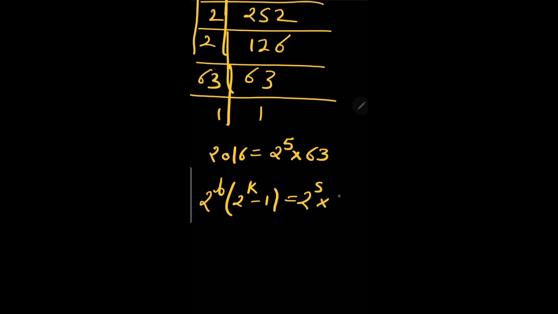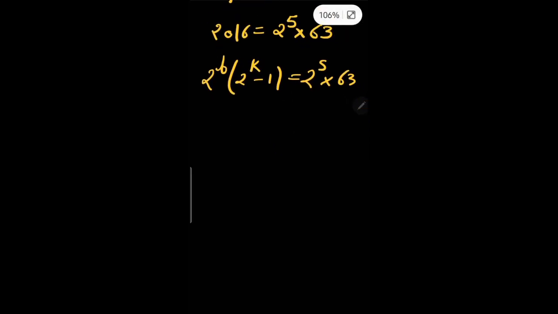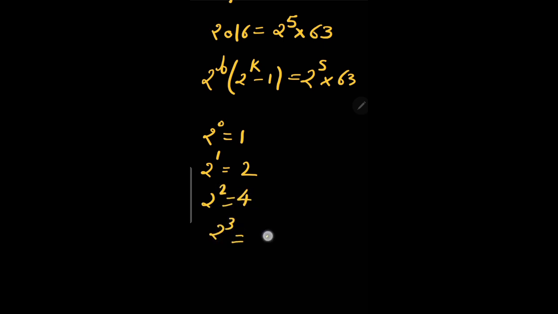One thing is very important: for any power of 2, the result is always even. For example, 2 raised to 0 is 1, except for this. But 2 raised to 1 is 2, 2 raised to 2 is 4, 2 raised to 3 is 8. So you get an even number except for power 0.